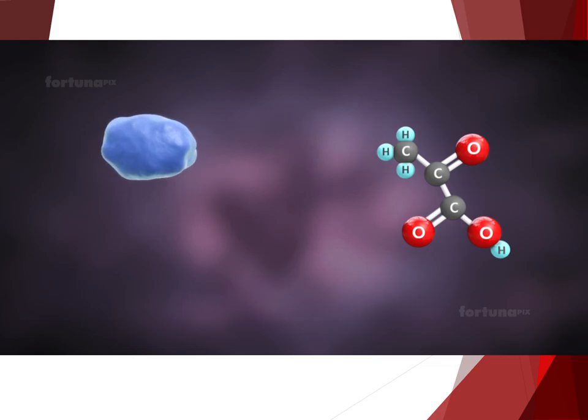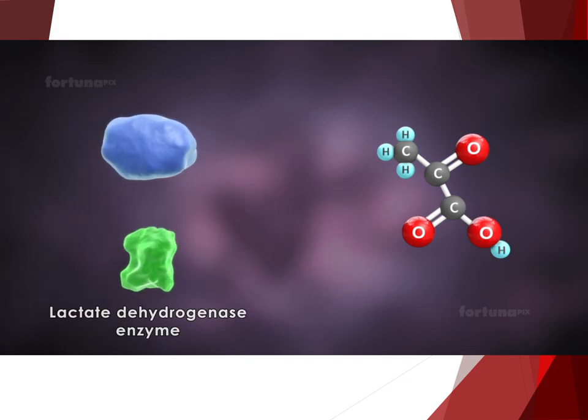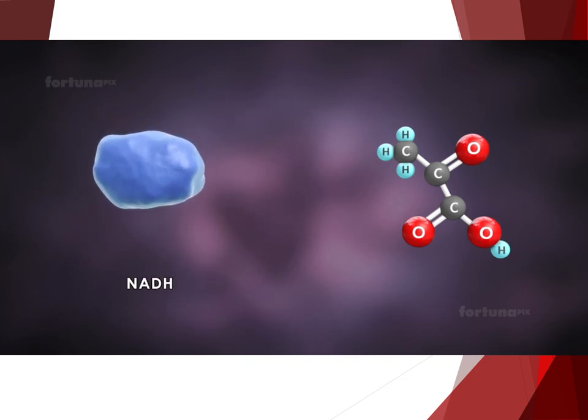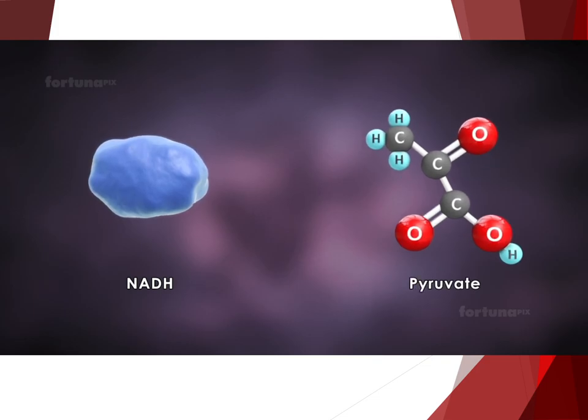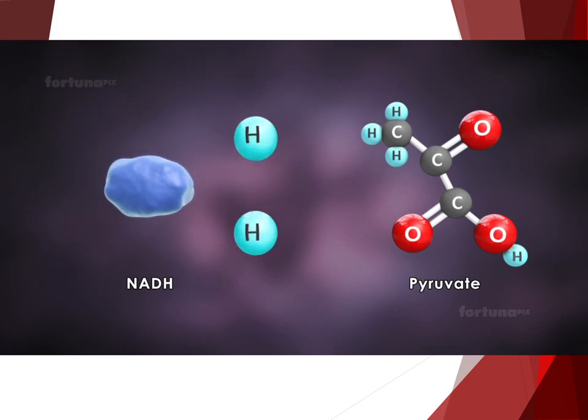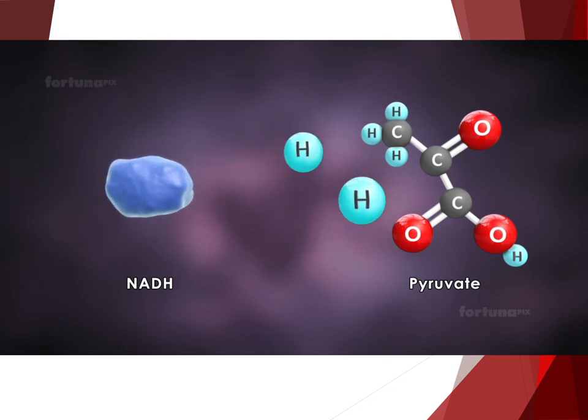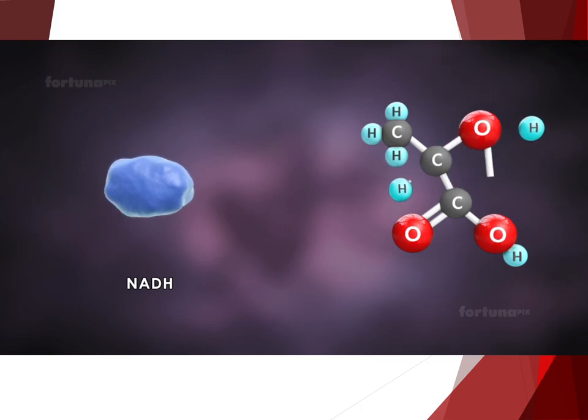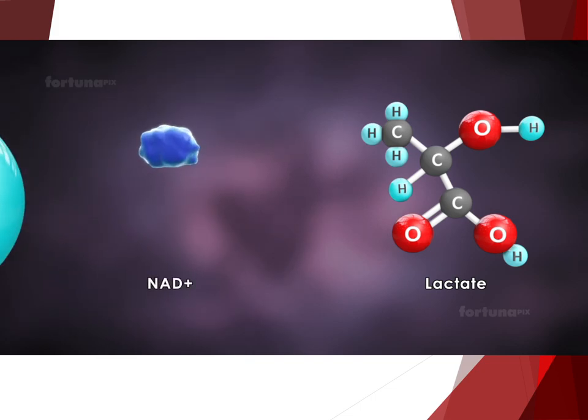During lactic acid fermentation, lactate dehydrogenase enzymes will catalyze the reaction between NADH and pyruvate. NADH will oxidize by releasing 2 hydrogen and electrons that reduce the pyruvate to lactate. Now that the NADH molecules have been converted into NAD+, they can continue the glycolysis reactions and produce some energy.